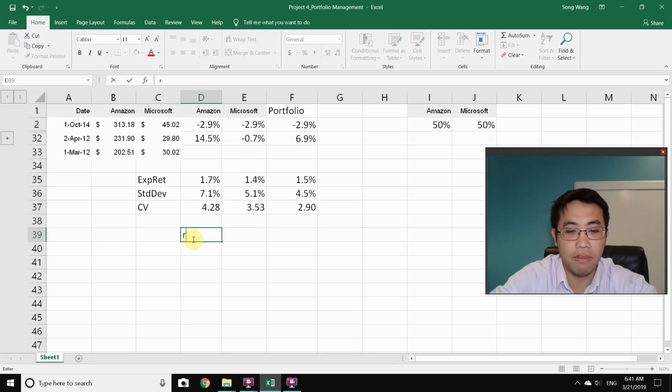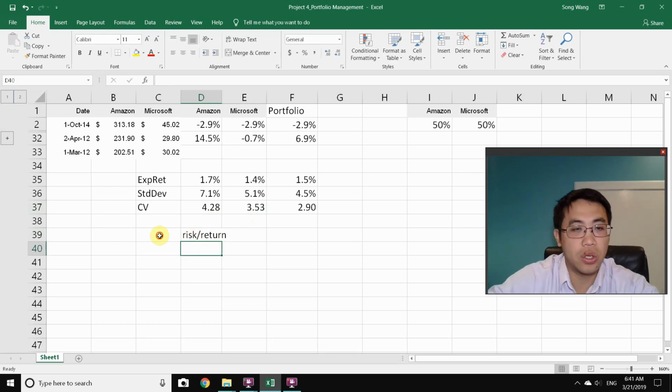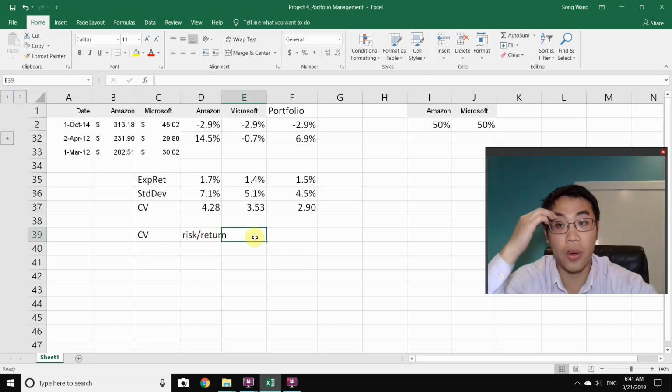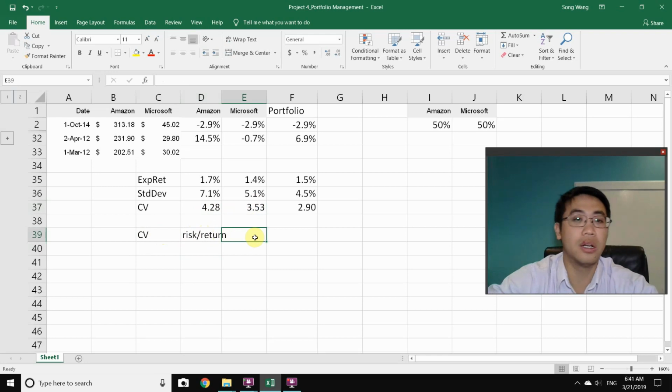If you combine risk over return, you want this ratio, which is the CV, to be as low as possible. So you want the numerator to be low and the denominator to be high. You want to have a low risk and high return. So a lower number is better. What is best is the portfolio CV.